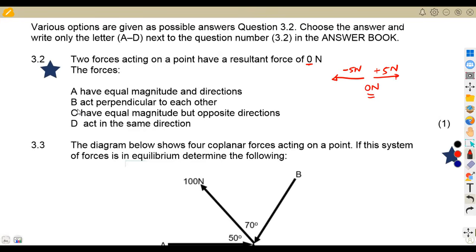So the best answer that we are given there is C, where we have got equal magnitude but opposite directions. That's where we can obtain a resultant of 0 Newton. From your Engineering Science N2, you have this part as the first part that you work with. So please just grasp that idea from there.